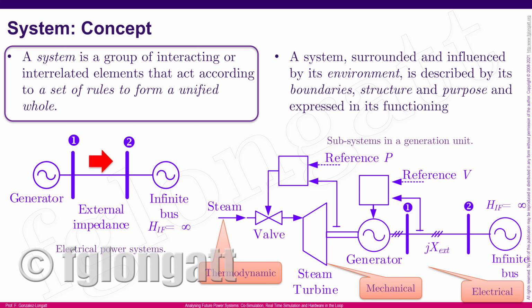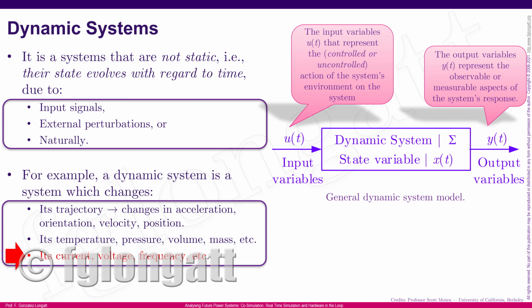From this slide, what I want you to understand is that electrical power systems are huge and complex, and we need to define those rules that in some sense define the unified performance, the unified behavior of the system. Dynamic systems are basically systems that evolve over time.